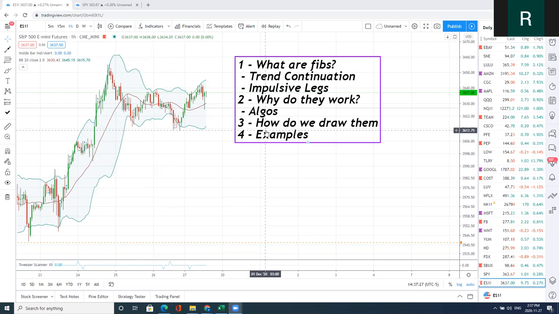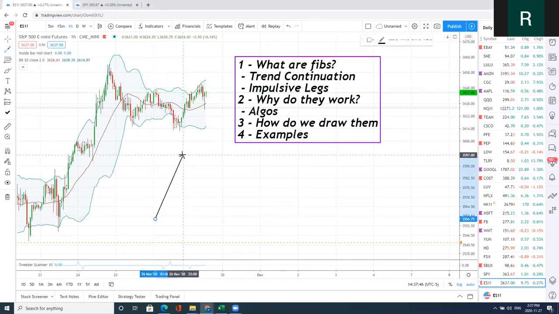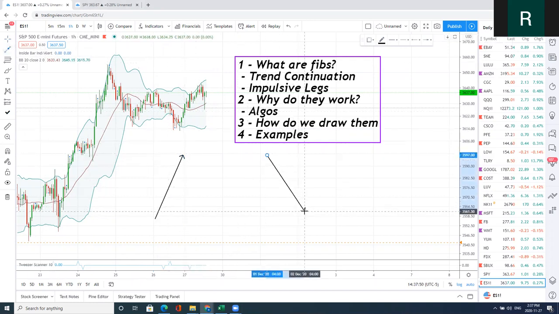All right. So we're going to start off first of all with what are fibs. Fibonacci is retracements of a trend. Every trend must have an impulsive leg. What an impulsive leg means is a push either up or down in one direction, right?